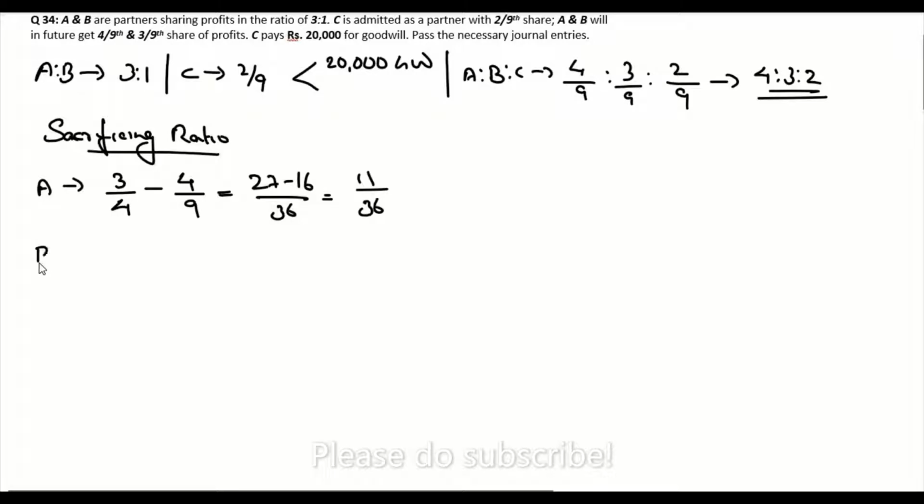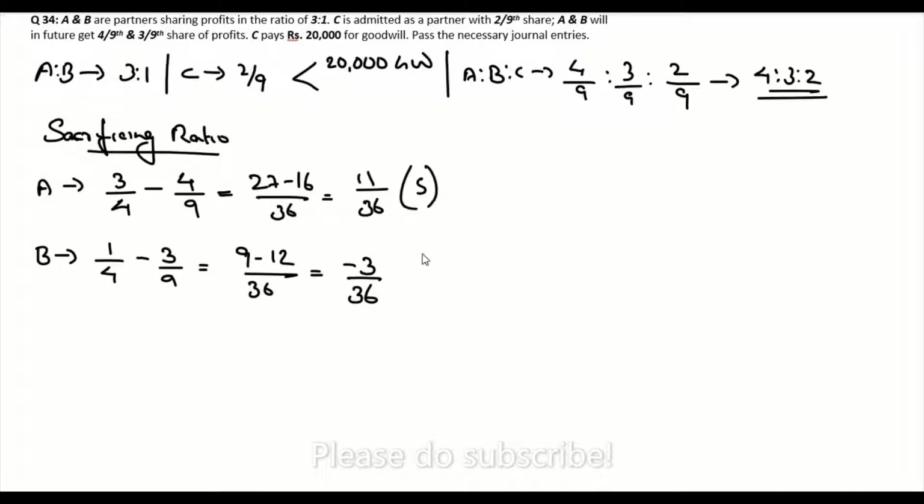Then we have B. His old share is 1/4 minus his new share, which is 3/9. That is equal to 9 minus 12 over 36, that is equal to minus 3/36. So here we have a sacrifice for A and B is gaining from this new ratio.